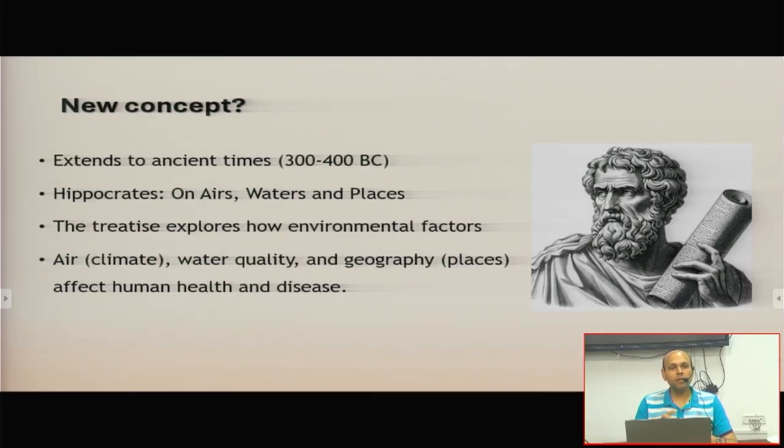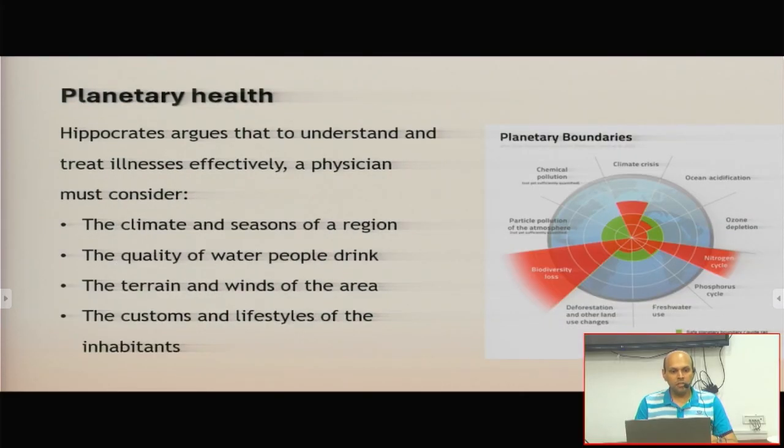So obviously, planetary health is there. He argues that to understand and treat illnesses effectively, a physician must consider the climate and season of a region, the quality of water people drink, the terrain and winds of the area, and the customs and lifestyles of the inhabitants.